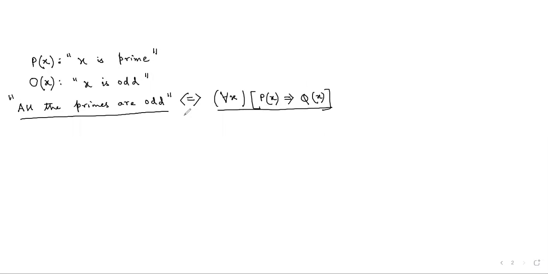Now, we cannot study them directly because our knowledge about the prime numbers is very poor. We don't know about many more prime numbers. So since we cannot directly check the validity of the argument, we try to take the help of the negation of this argument.